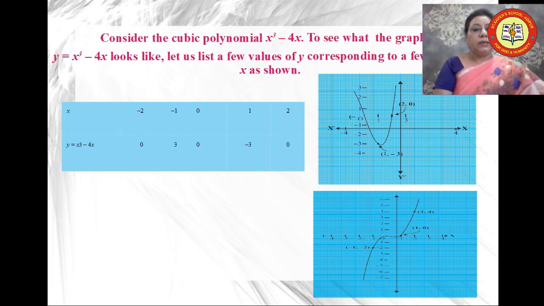For minus 2 you get 0, for minus 1 you get 3, for 0 you get 0 and so on. Now plotting these values on the graph and joining them with freehand, you will see that the graph intersects the x-axis in 3 points. It means that the cubic polynomial has 3 zeros.